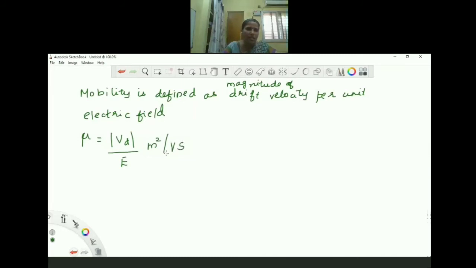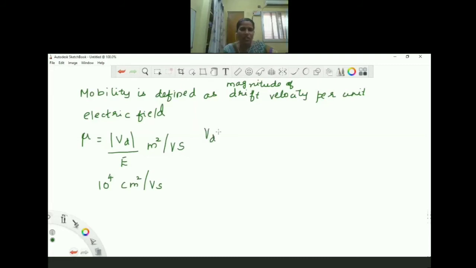Okay, and it is of the order of 10 power 4 in practical units, that is centimeter square per volt second, and this value is a positive value.